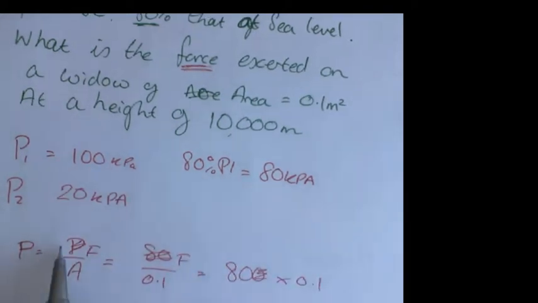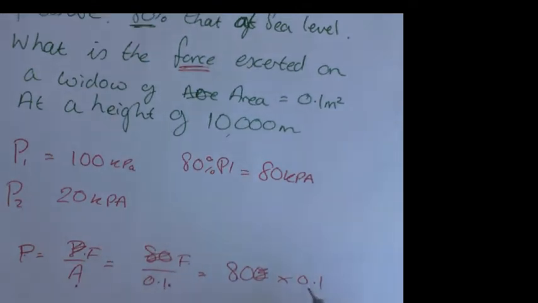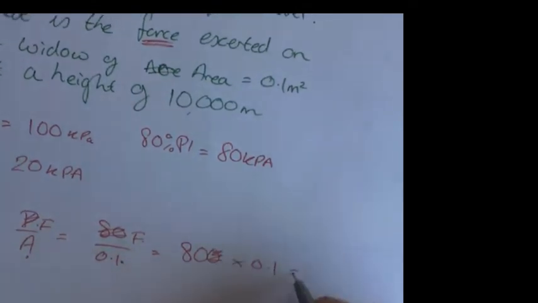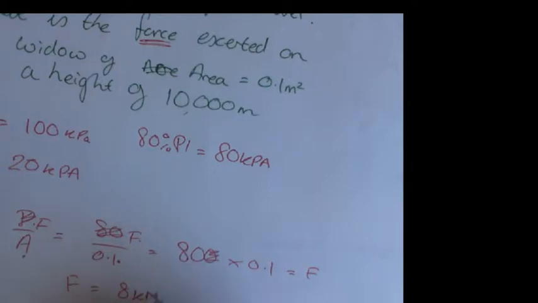I put my F and my P in the wrong place. So I know that pressure equals force divided by area, which means that force divided by 0.1 equals 80. So I want to multiply both sides by 0.1 to get rid of that 0.1 on the bottom. So I get 80 times 0.1 equals my force. So that means that my force is equal to 8 kilonewtons, which is 8,000 newtons of force.